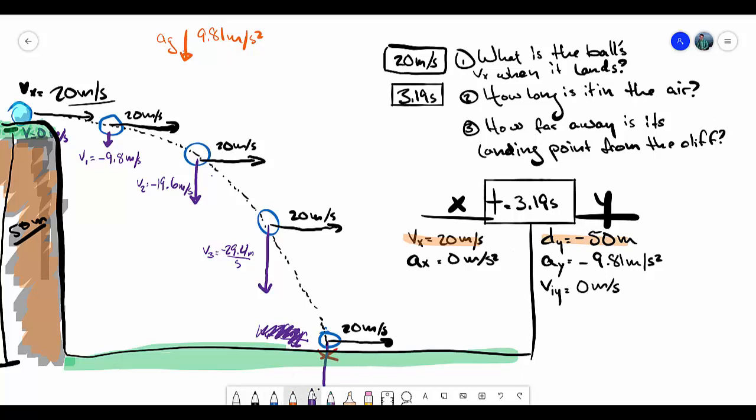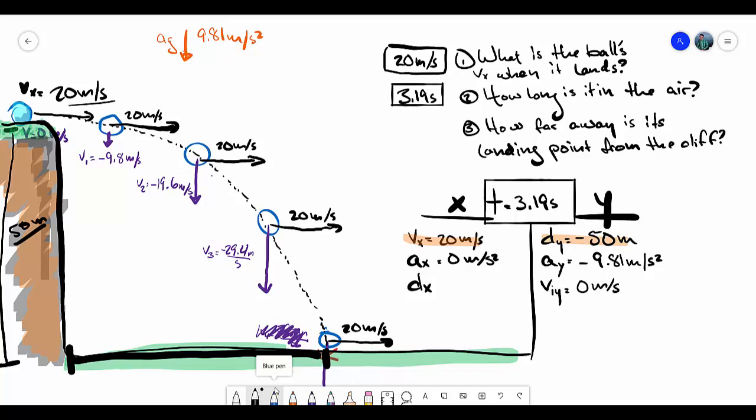Now its distance along the x, this thing here, is what we were looking for. How far away is it from the cliff, that x distance? So let's look for dx. Notice again, I'm not mixing and matching anything on the left and the right.